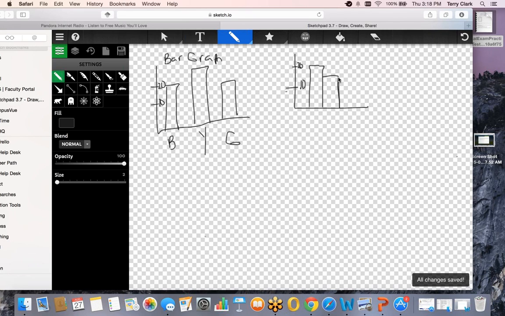And then we'll take this one all the way up, like that. And that's going to be from 10 to 15. Then that one's going to be from 15 to 20. And then we're going to go from 20 to 25.